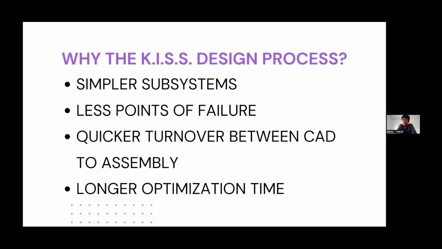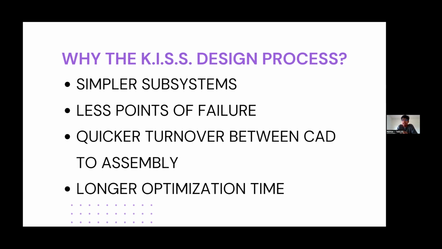In league systems, you don't have a lot of time to iterate on a new design. So it's important that you have one design that you can optimize as the season goes along. By using the KISS design process, we can have a quicker turnover between CAD and assembly.